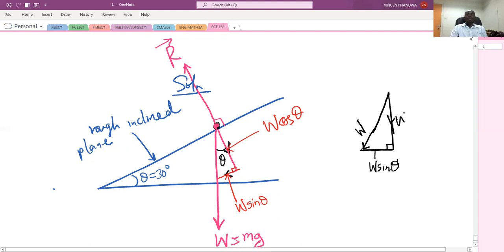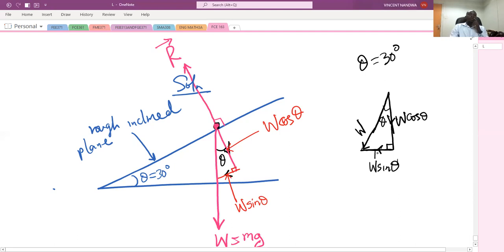This is what you're calling W cos theta. And theta is this angle here, the same as this value, 30 degrees. This is the motion direction.